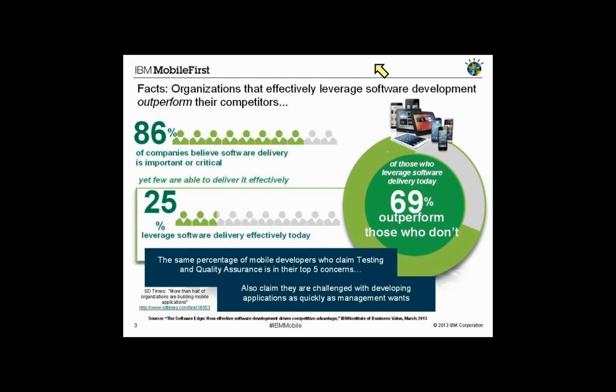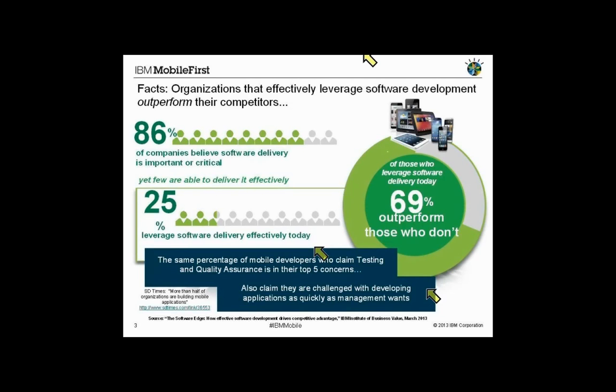In the same manner, the same percentage of mobile developers who claim testing and quality assurance is in their top 5 list of concerns also claim that they're challenged with developing applications as quickly as management wants. It has always been a time versus quality trade-off in this marketplace for developing software.